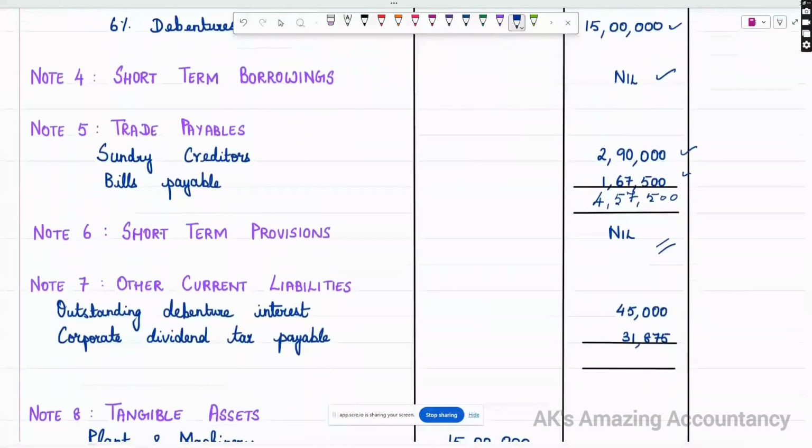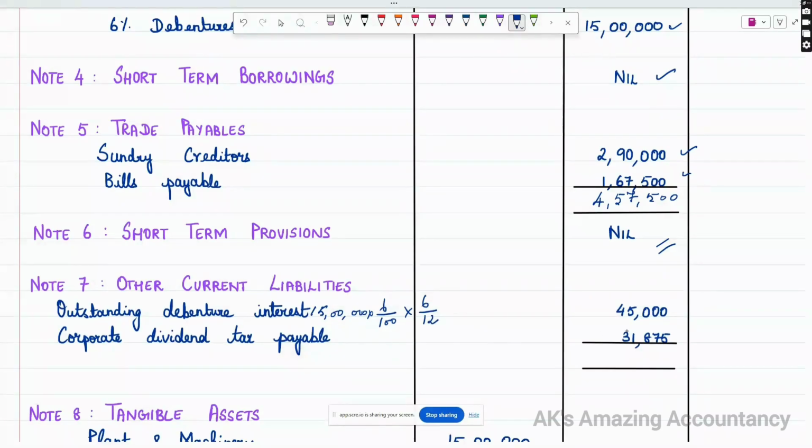So how did you get 45,000? It is 15 lakhs into 6 by 100 into 6 by 12. This is what is outstanding debenture interest.